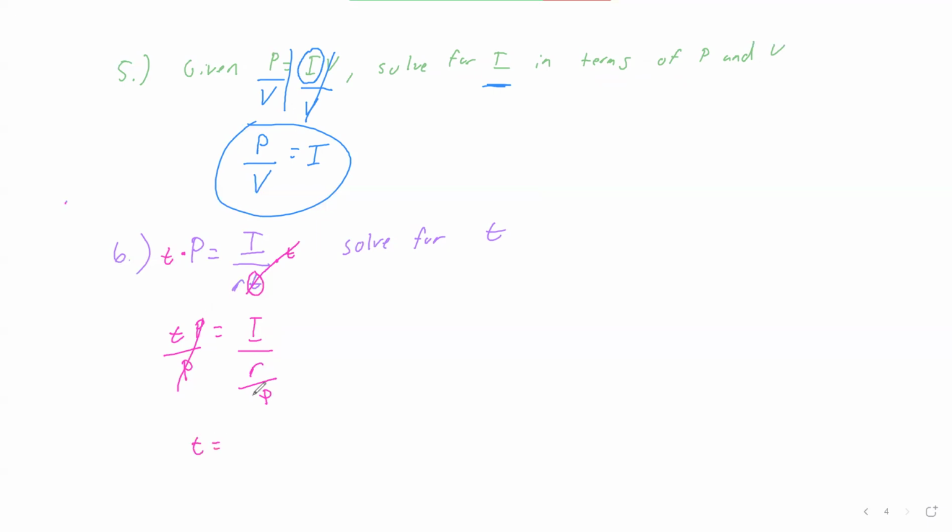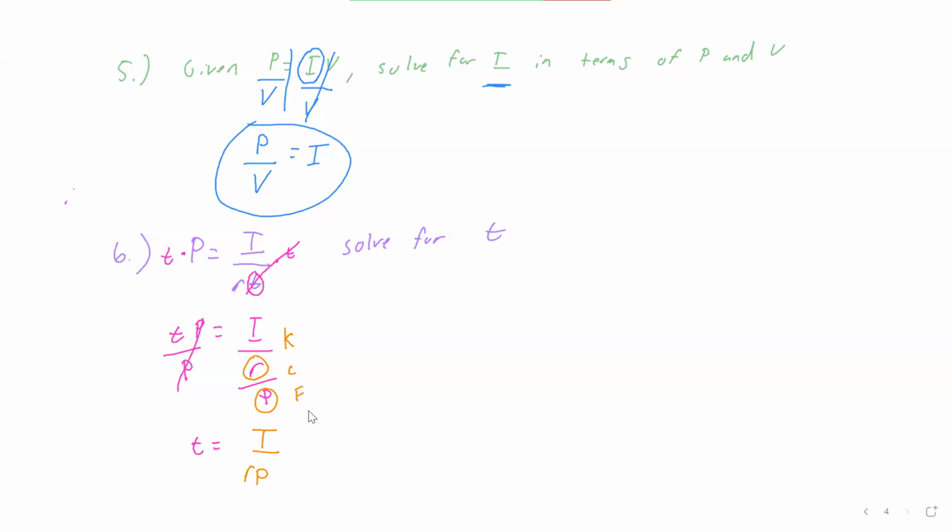When you're double dividing, the 2 denominators here go together. So it ends up looking like this. I over RP. Mathematically, this is why. You ever heard the term keep it, change it, flip it?